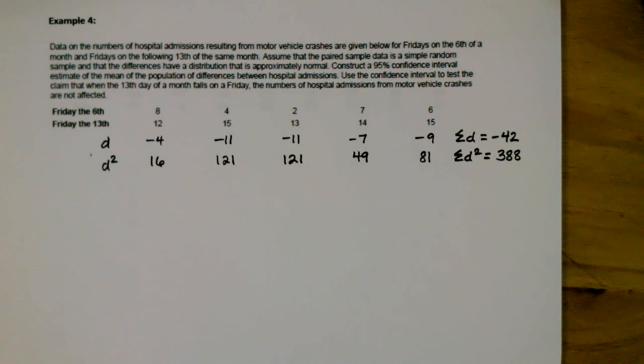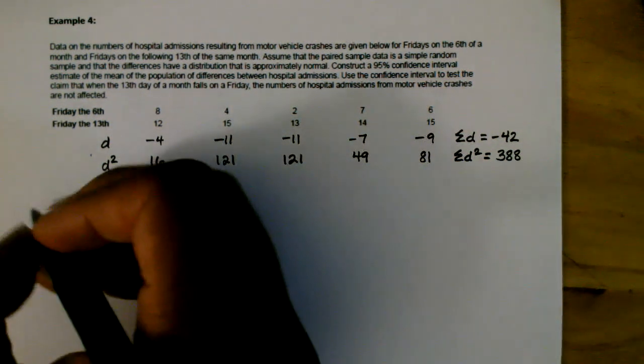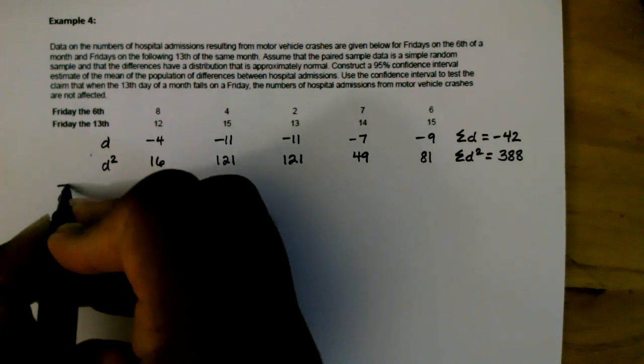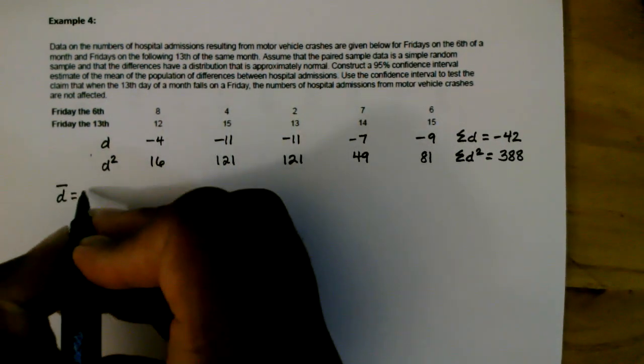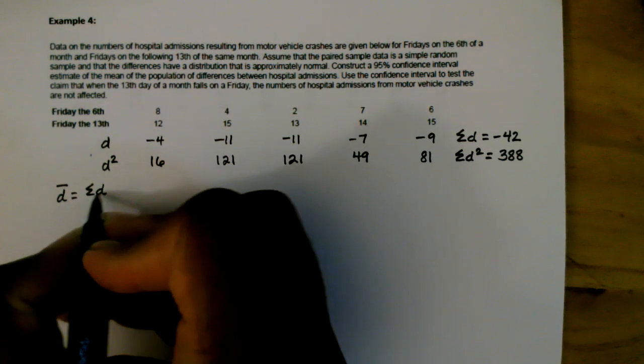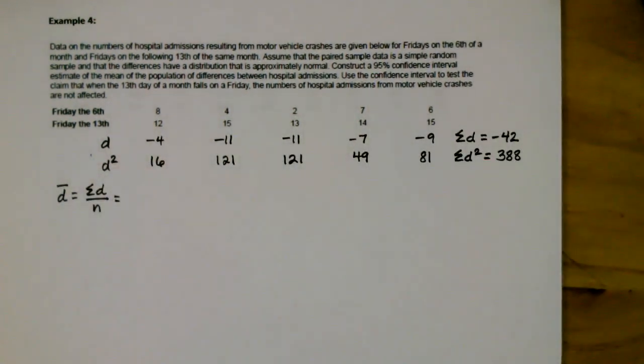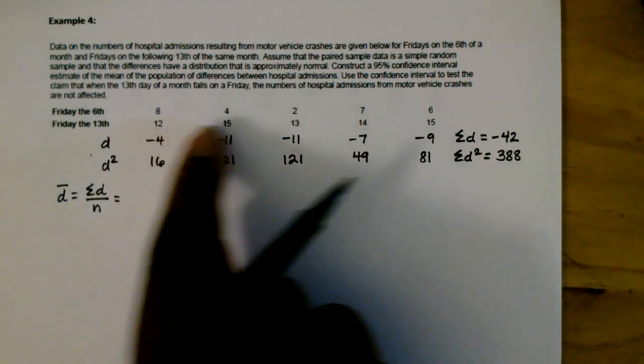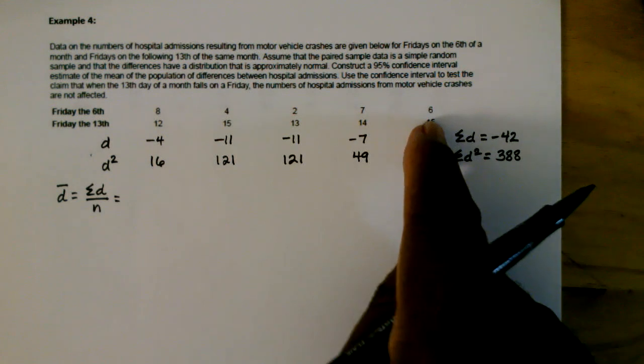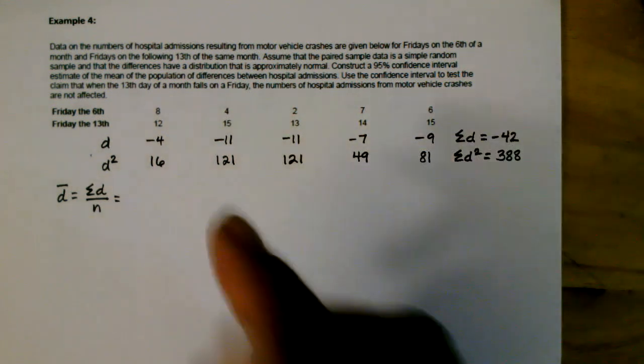And now let's find the mean of our differences and the standard deviation of our differences. The mean is going to be d bar. That's equal to the sum of your d values divided by n, which is the number of paired data. We have 5 pairs here, and the sum of d was negative 42.